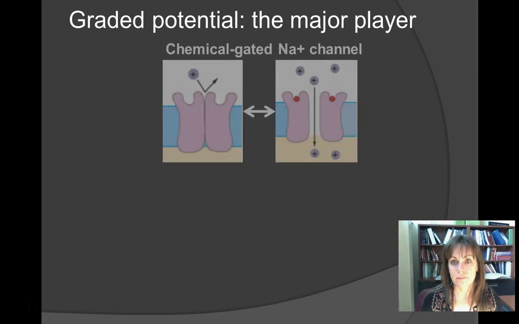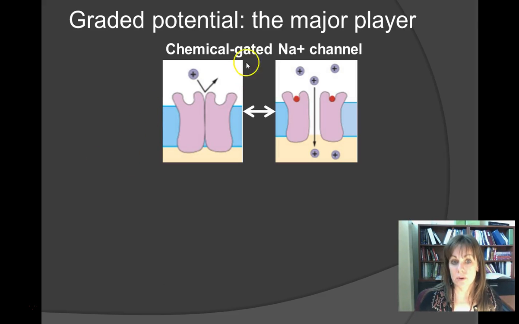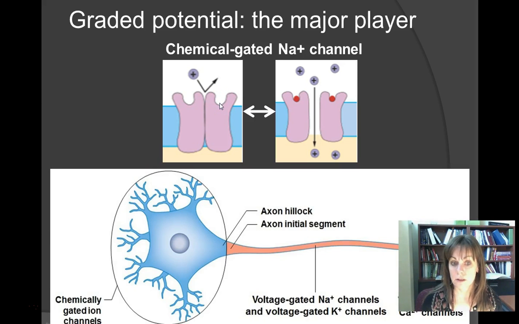Well, remember, this is our channel that's the major player for the graded potential. Notice this red dot is neurotransmitter binding, which opens it. Here it's not bound, so it's closed. And so those chemical gated channels are located on the cell body and the axon hillock. And so that's why graded potentials occur in this area.